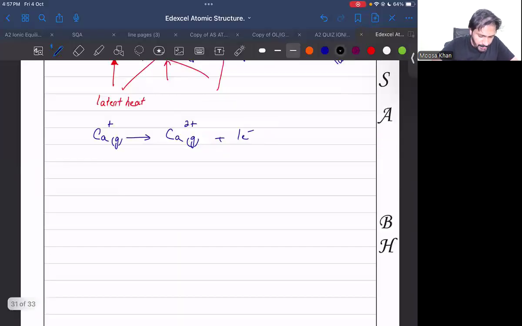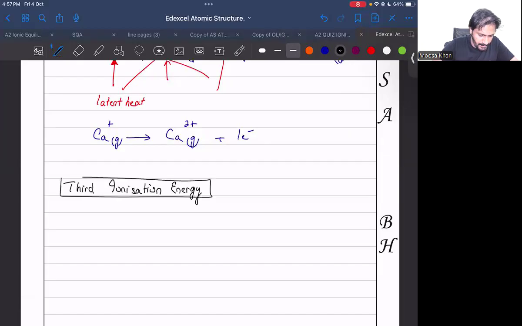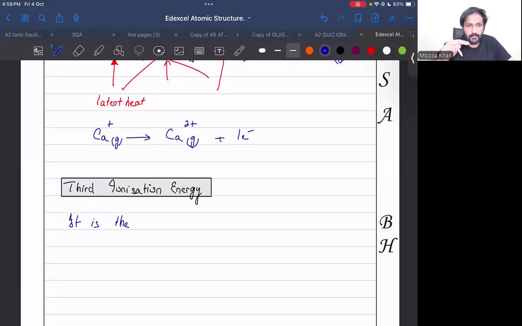Now, how would you define third ionization energy? Energy required to remove 1 mole of electrons from 1 mole of gaseous positive 2 ion to form 1 mole of gaseous positive 3 ion.